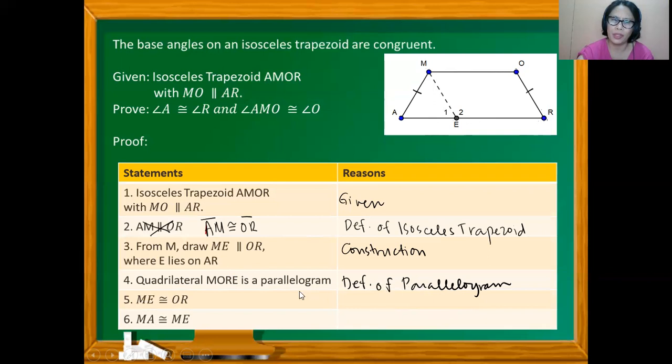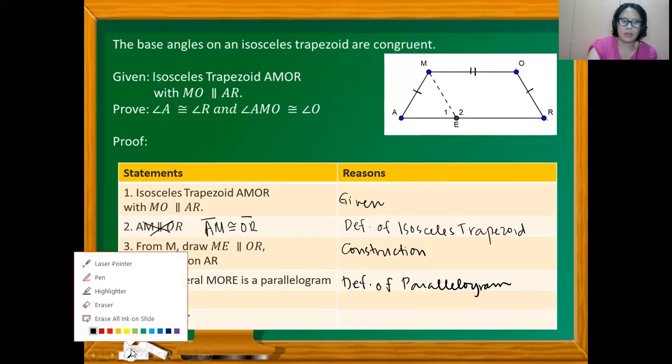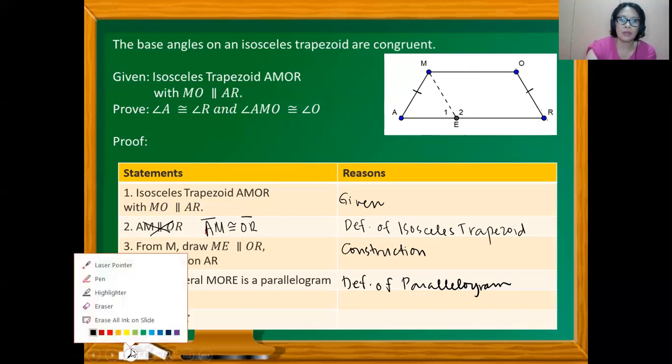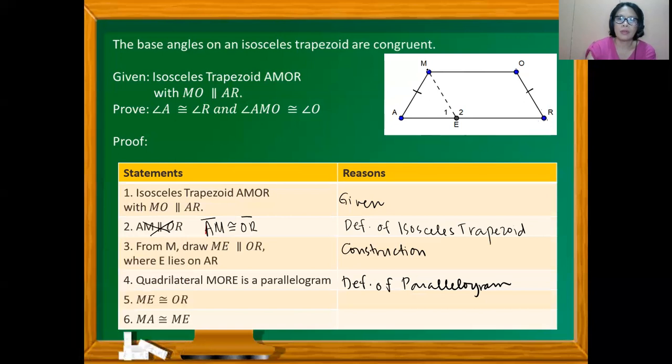So this is about the definition of parallelogram. ME is congruent to OR.